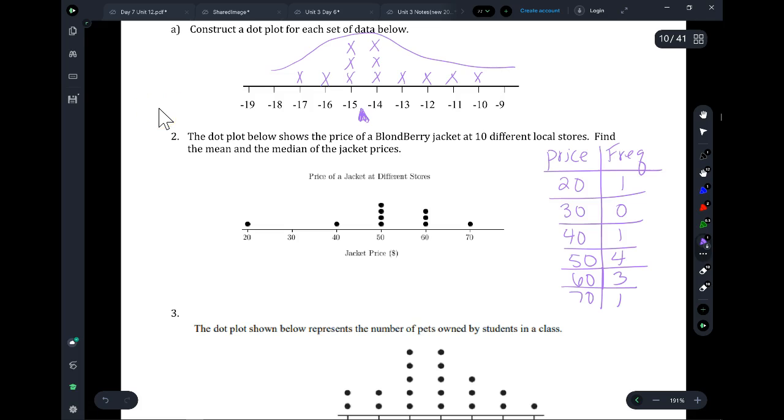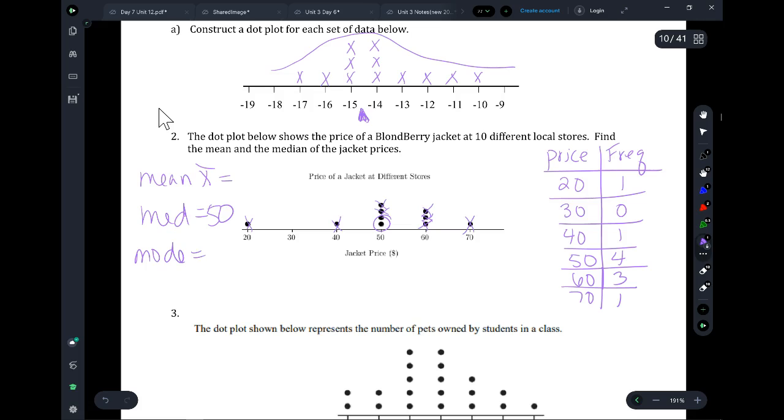Find the mean and find the median. The mean is your average, that's your x bar, and the median would be the middle. I could have figured out the middle by working in my dots from the outside in. So this dot and this dot gets rid of this dot, and so on. Clearly 50 is going to run us down the middle, and that would be confirmed in my calculator. 50 is also the mode.